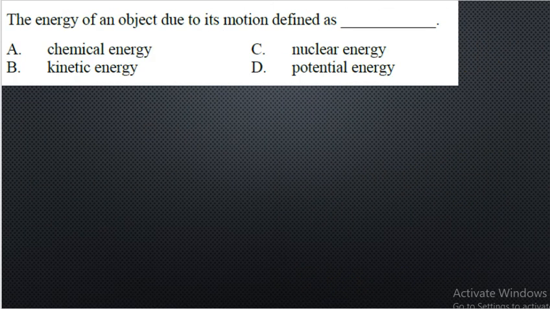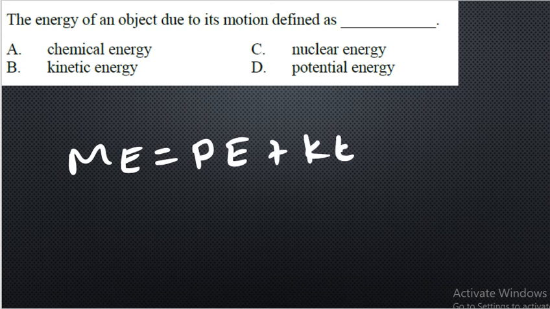The next question: the energy of an object due to its motion is defined as... At this stage we categorize energy into two, mechanical and kinetic. Mechanical energy is the total one. Mechanical energy is the same as the sum of potential energy plus kinetic energy.